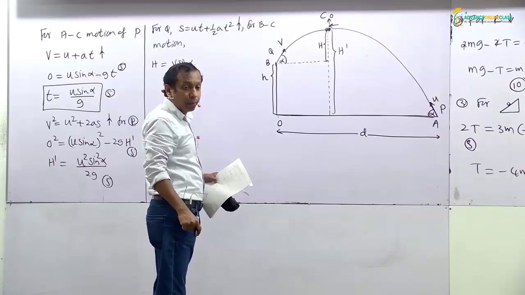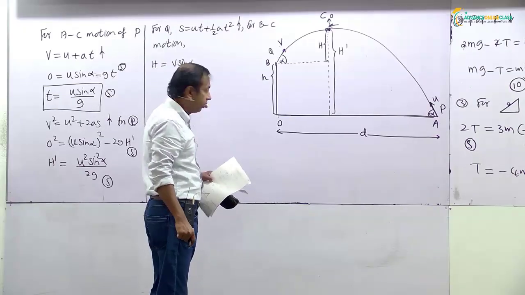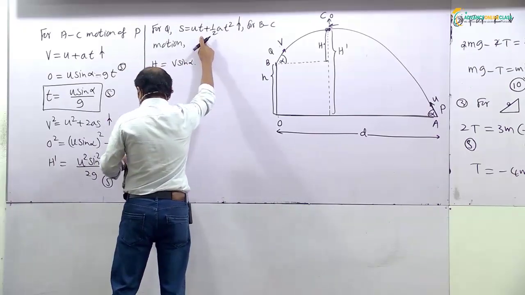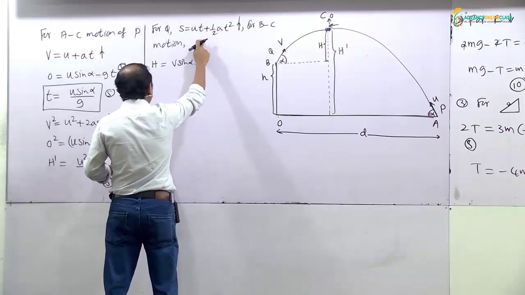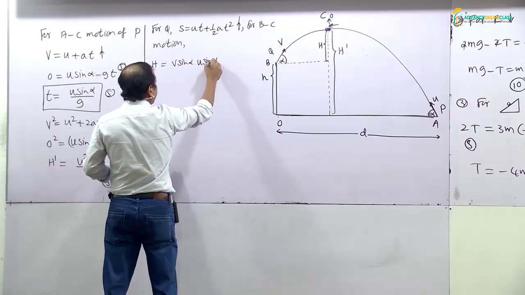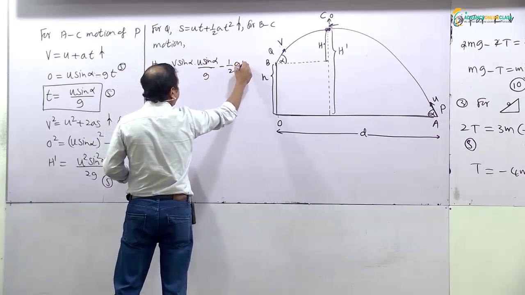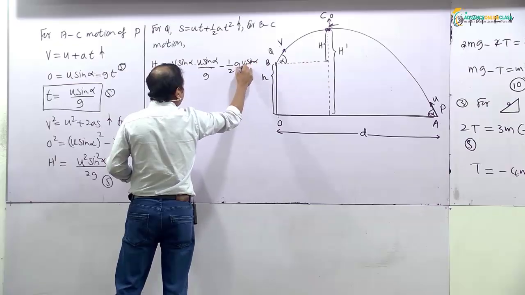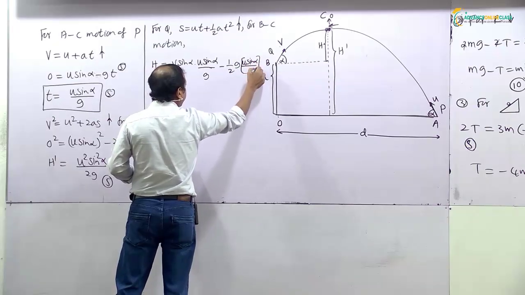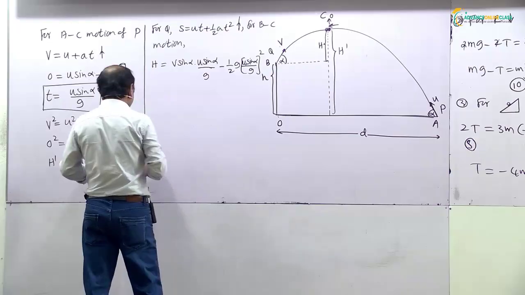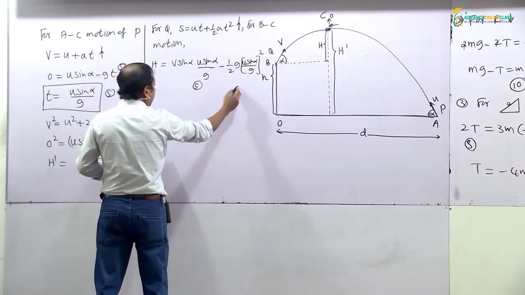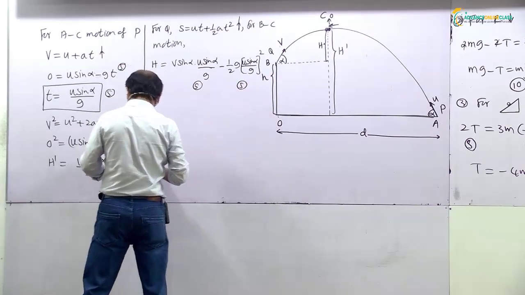Then this t is u sine alpha over g: v sine alpha times u sine alpha over g minus half g times u sine alpha over g squared. For this 5 marks, for this 5 marks.